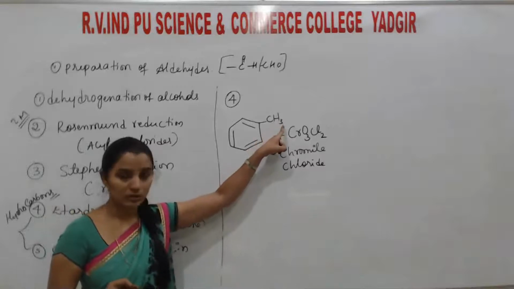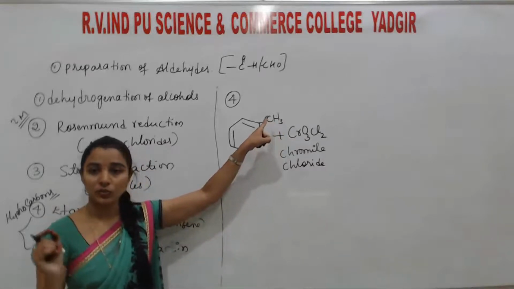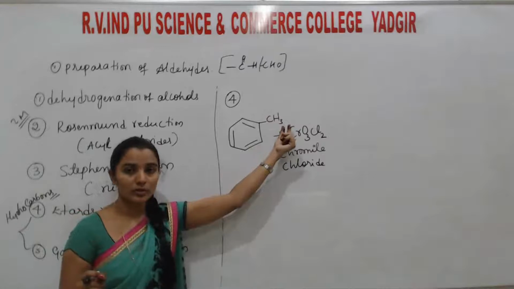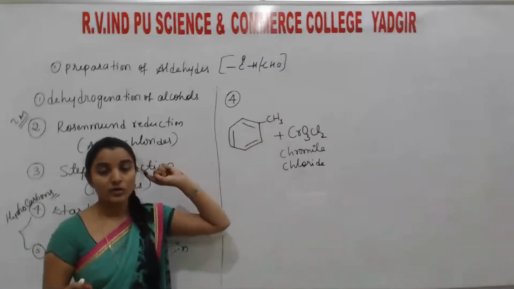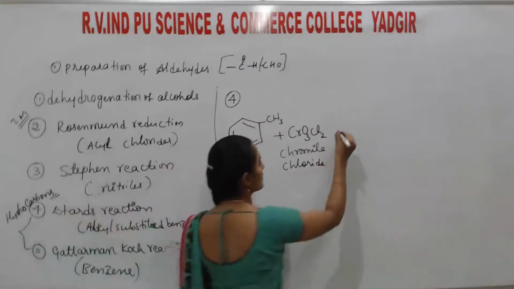Here CH3 is there. We want CHO. We have to remove 2 hydrogen and add 1 oxygen. So what is the reaction that takes place here? Listen.